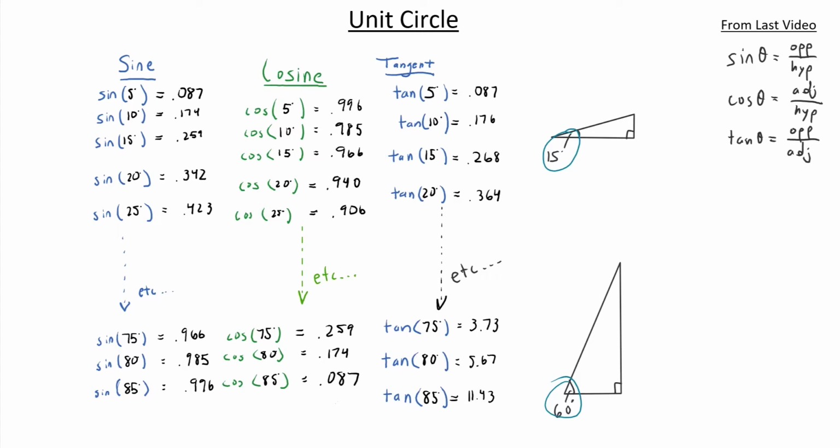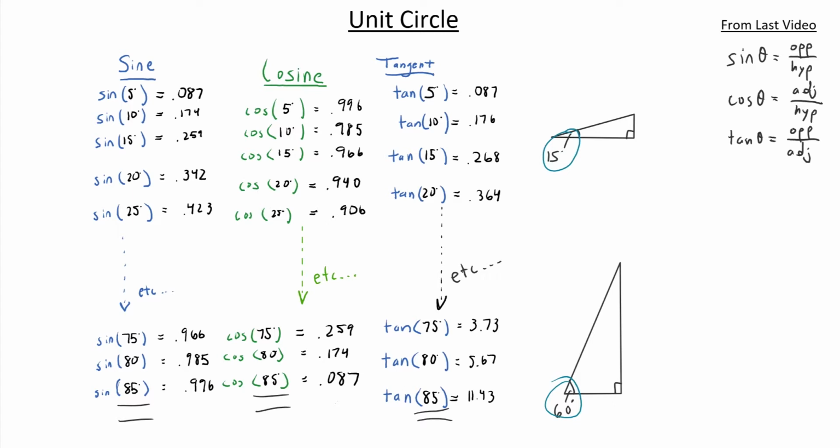But the biggest angle of a right triangle that you can make is basically like 89 degrees. You can't have a right triangle that has an angle bigger than 90 degrees. That's why our lists basically stop at 89. So our sine, cosine, and tangent lists basically only exist for angles between 0 and 90.